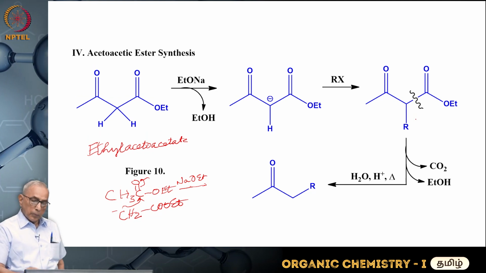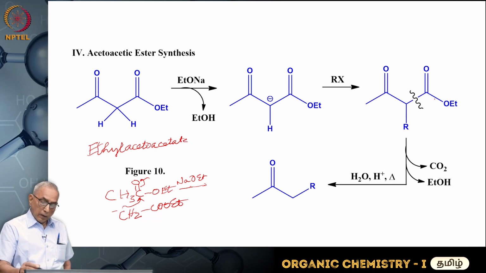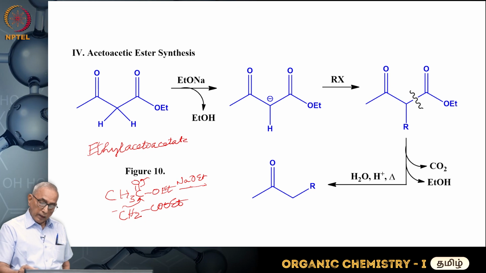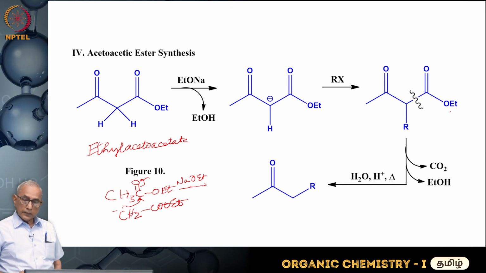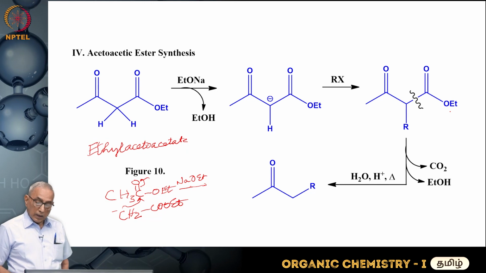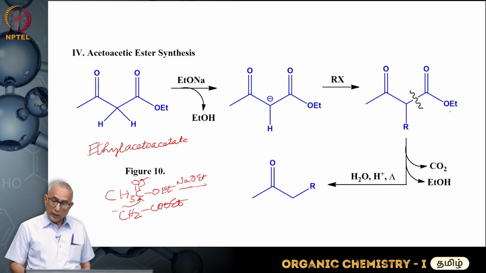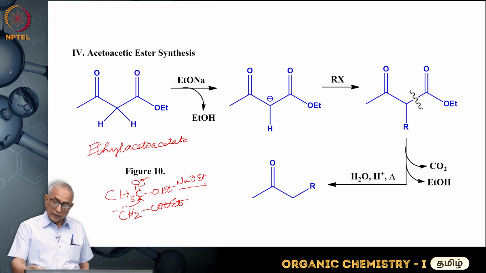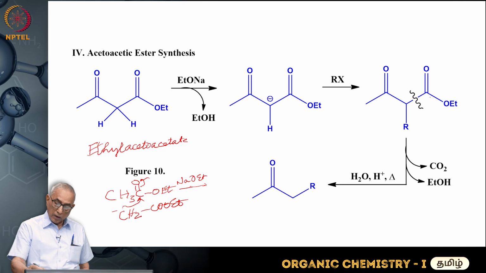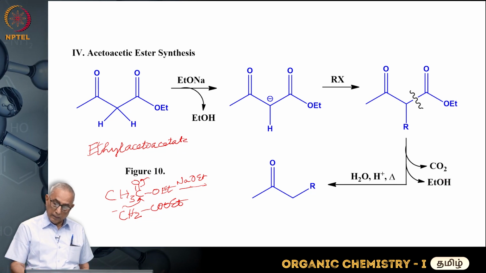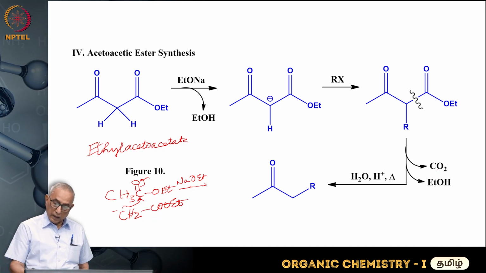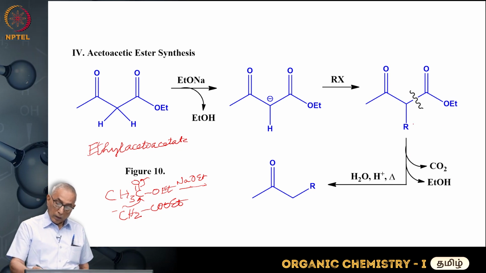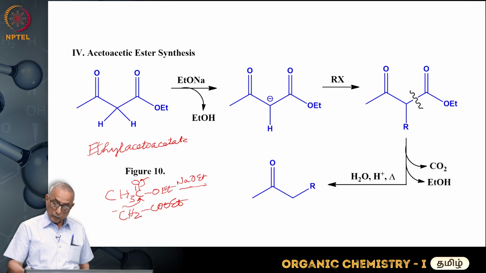So once this R group is attached here, suppose you hydrolyze this, forming this with OEt turning to H. And the carboxyl group will very easily undergo decarboxylation. Carbon dioxide is released. The carboxyl group forms first in the hydrolysis. And the carboxyl group will get decarboxylated, carbon dioxide will come out and one molecule of ethanol will also be produced.